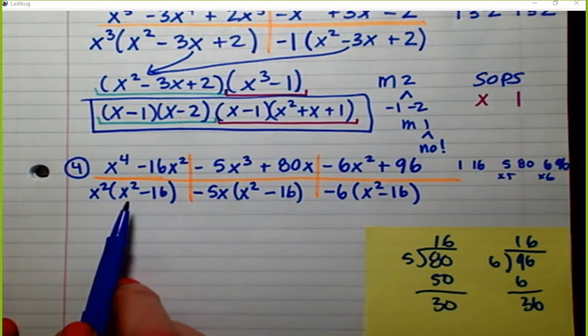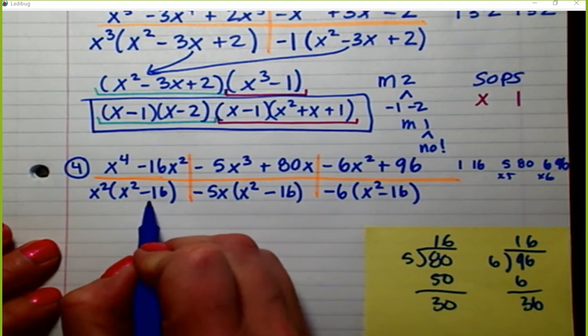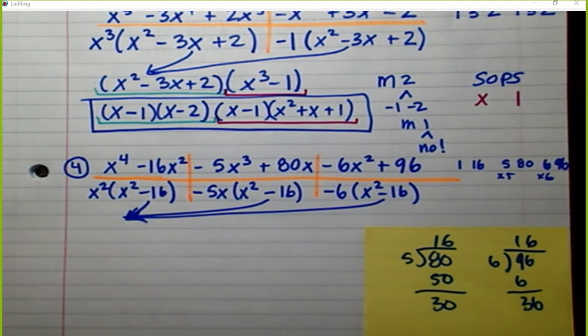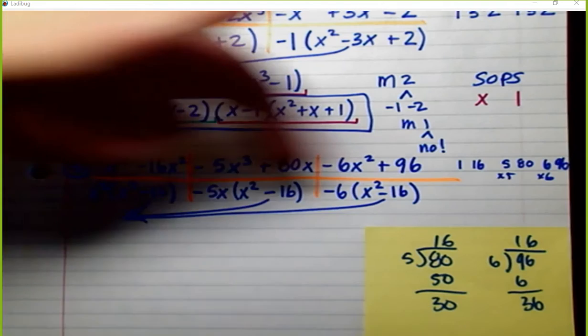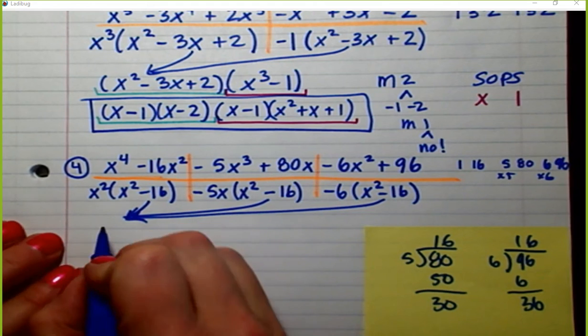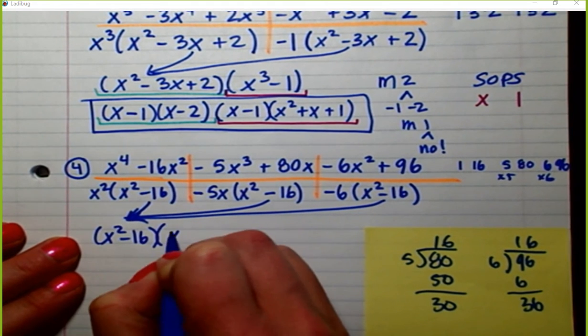Hey, look at that. However you group it, as long as you end up with the same factor, it doesn't matter. It doesn't matter what order it started in. You're just looking for the same factor to happen after you do that initial GCF. So we go x squared minus 16.